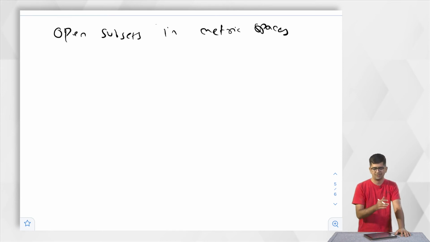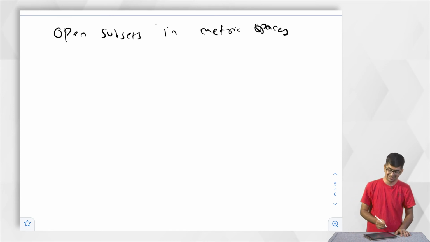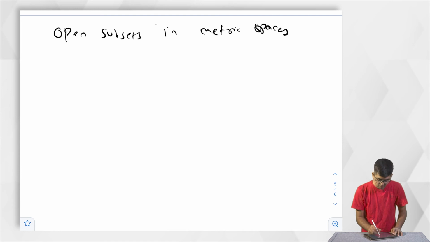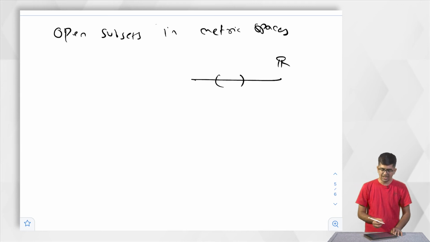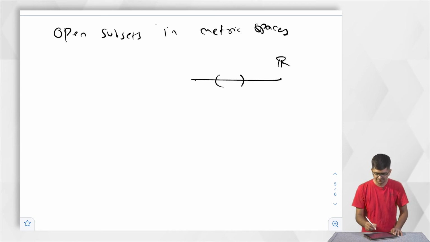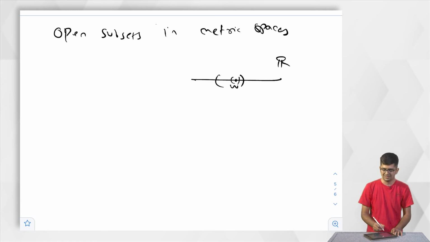I am not very sure whether I mentioned it or not, so I am saying it again. Take a subset of R. A subset of R is said to be open if for any element in it there is a neighborhood around it that is totally contained in the set.